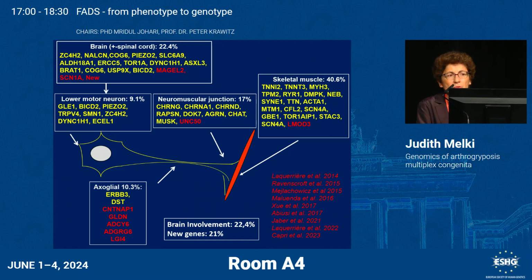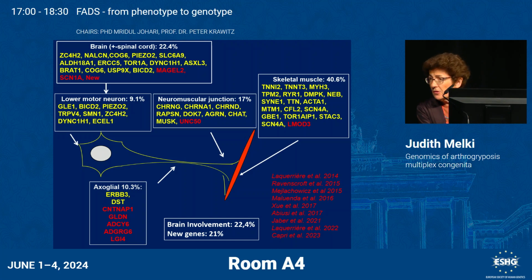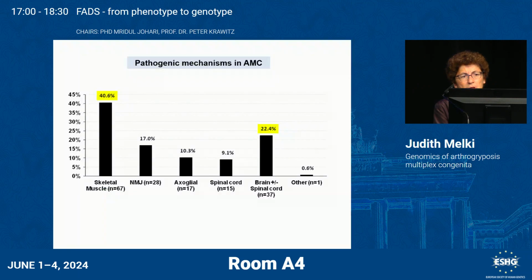And importantly, you can see the brain involvement, which represents 22% of cases in our cohort of patients. So this is highly frequent. And the new genes represent 21% of the genes identified in this large cohort of patients.